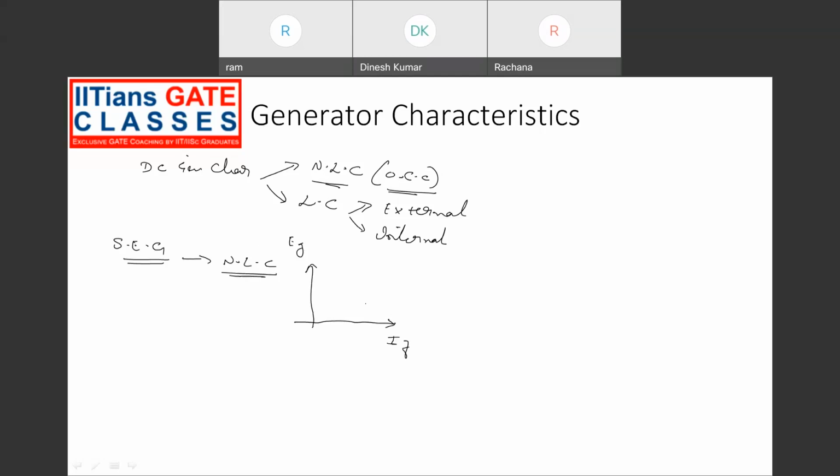There should be some residual voltage. After that, as we take it, this is the no load characteristic.